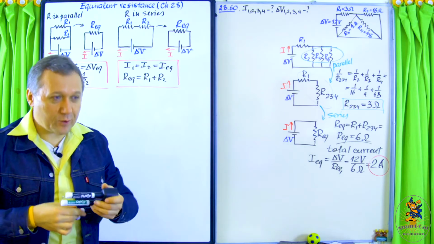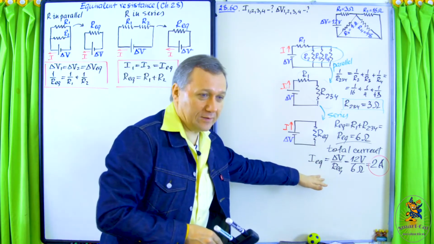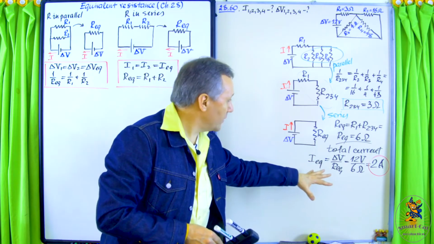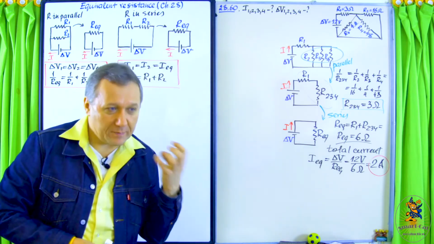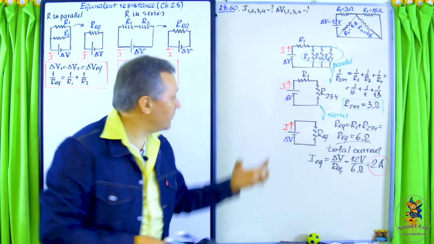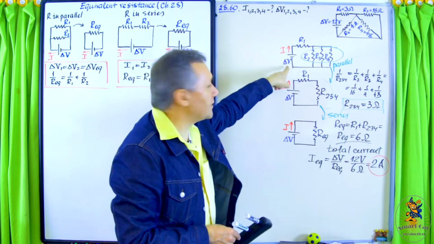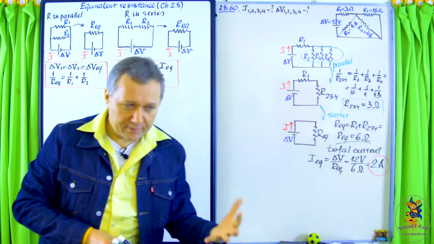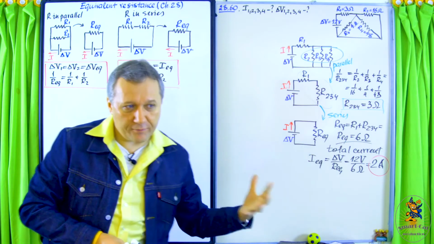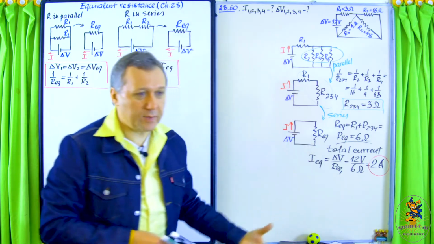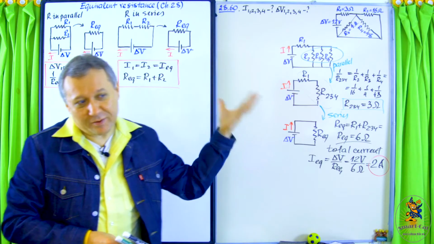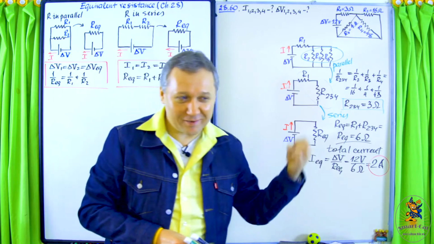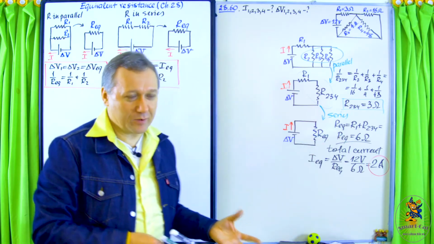So we simplified the circuit and managed to find the total current, and now we have at least something. If I had asked you from the very beginning what's the total current taken from this battery, you would have had trouble answering unless you are very experienced and have done this many times. Maybe some of you can answer it immediately, but I doubt that I would be able to.